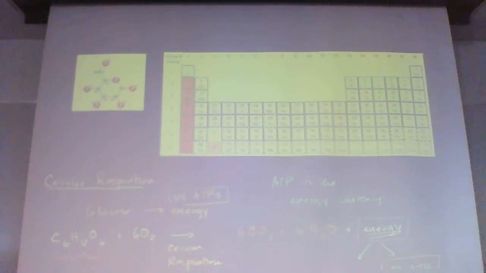This is glucose right here, and notice you have 1, 2, 3, 4, 5, 6 carbons. I got this off of Wikipedia. Just look up glucose and you can see this diagram. You can see I have 6 carbons, 6 oxygens, and all of these little small blue things are my hydrogens. So that's what glucose actually looks like.